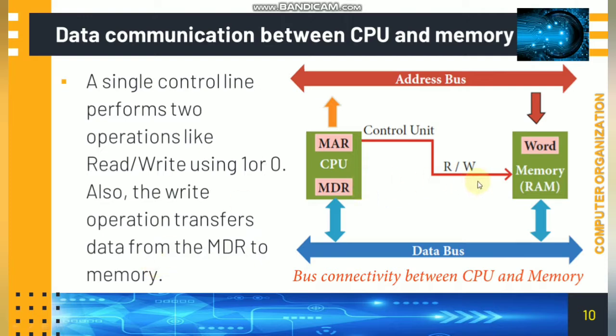It reads the data from the address, and then it is written back to your memory by the write operation. Clear? So this is the communication between your CPU and your memory. This is a 5-mark question, communication between CPU and memory, so read thoroughly.